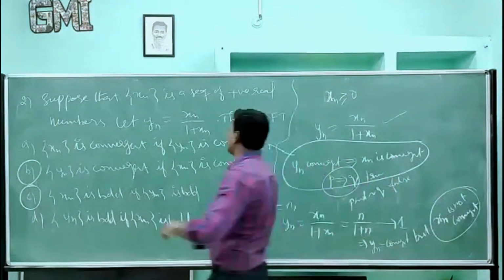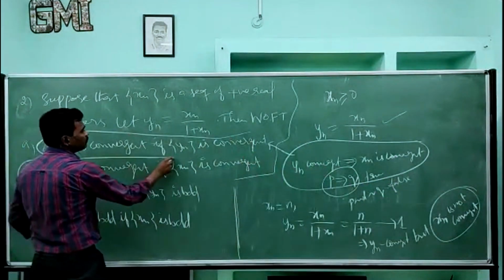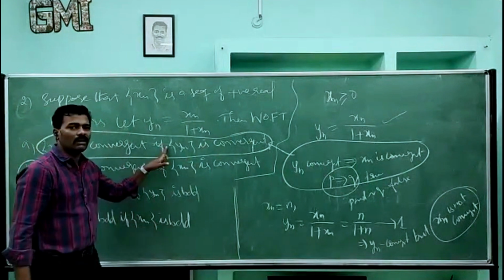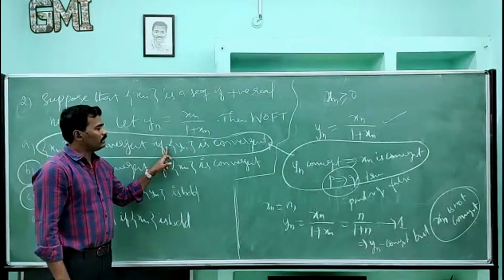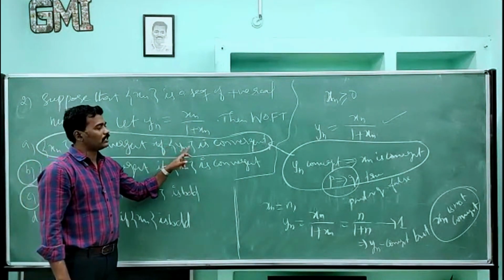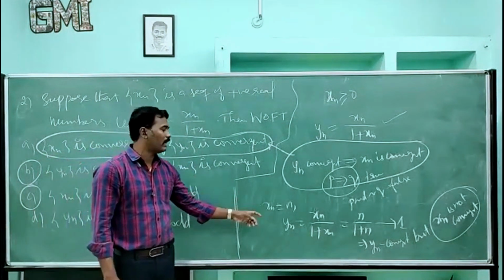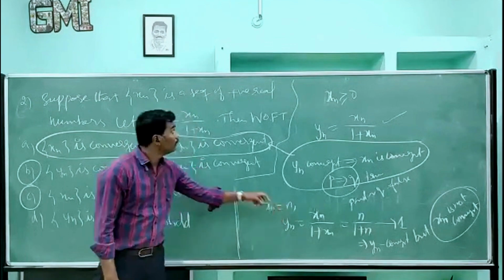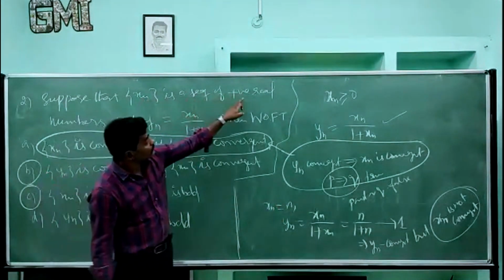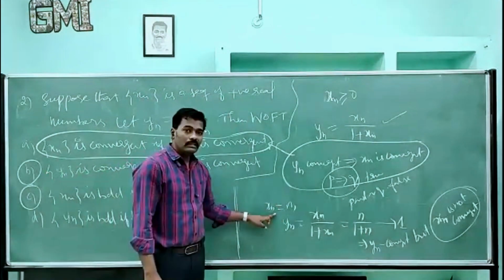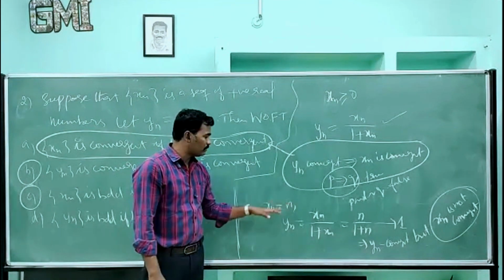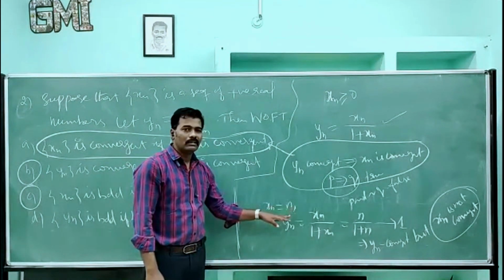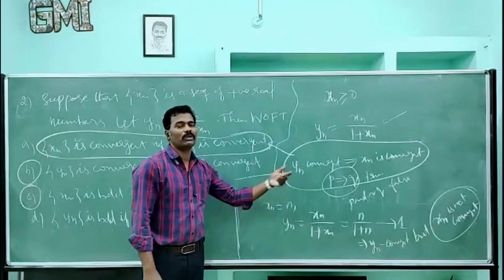This statement is not always true. True means always true; false means sometimes it fails, and then you have to give an example. I can choose xn equal to n, a positive real number. It is just the natural number sequence, starting from 1, 2, 3, 4, and so on.